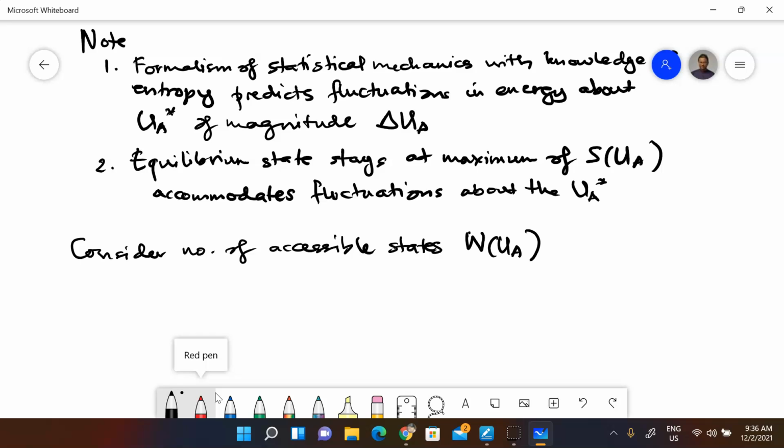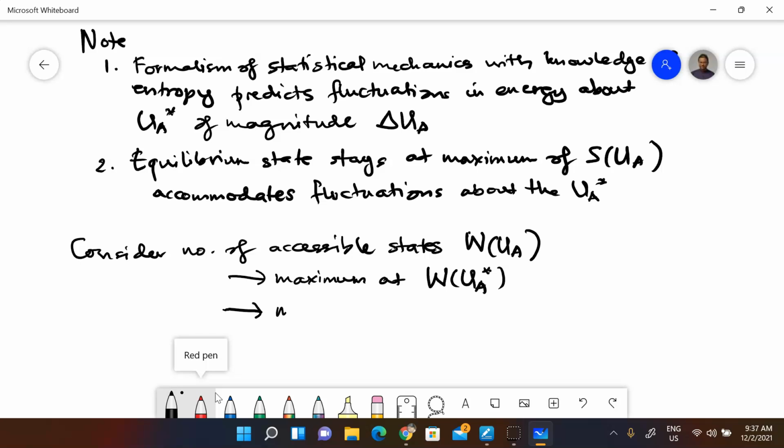Okay, and because entropy is related to these accessible states, you would like that number to be maximum at UA star. So this will actually be maximum at W(UA star).